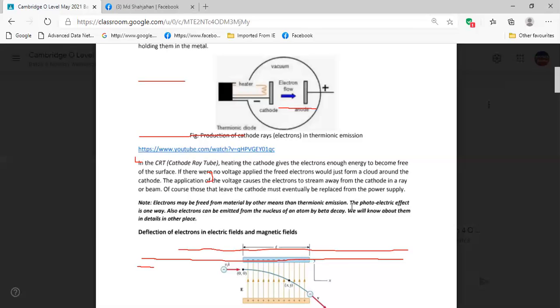Okay, we just brought it here because some of the students are more advanced. Yeah, they have the knowledge about photoelectric effect. So they might ask us, sir, what about photoelectric effect? That's why we brought this idea.